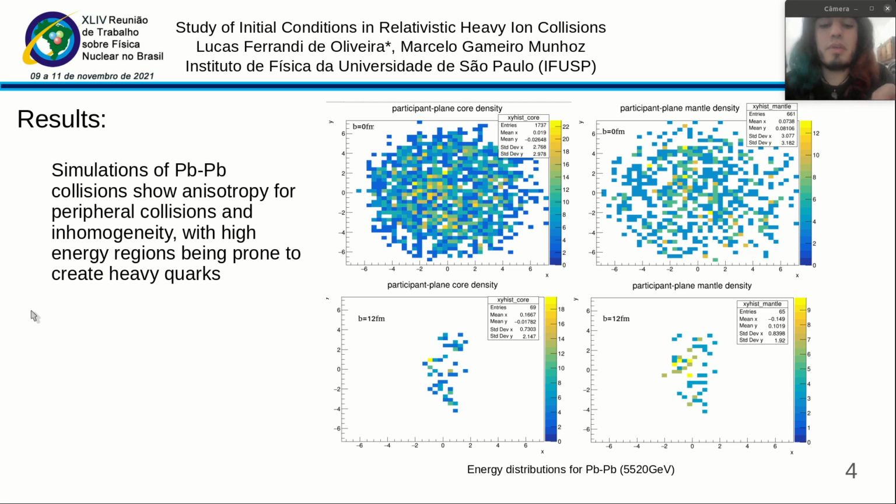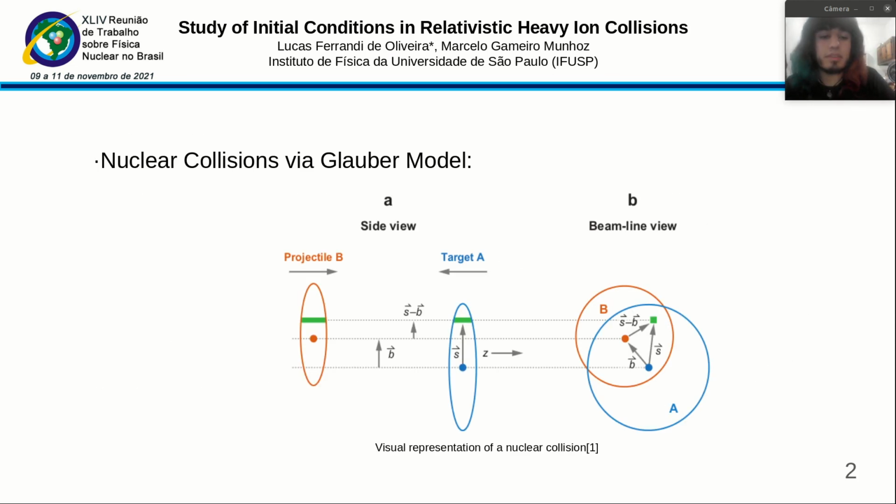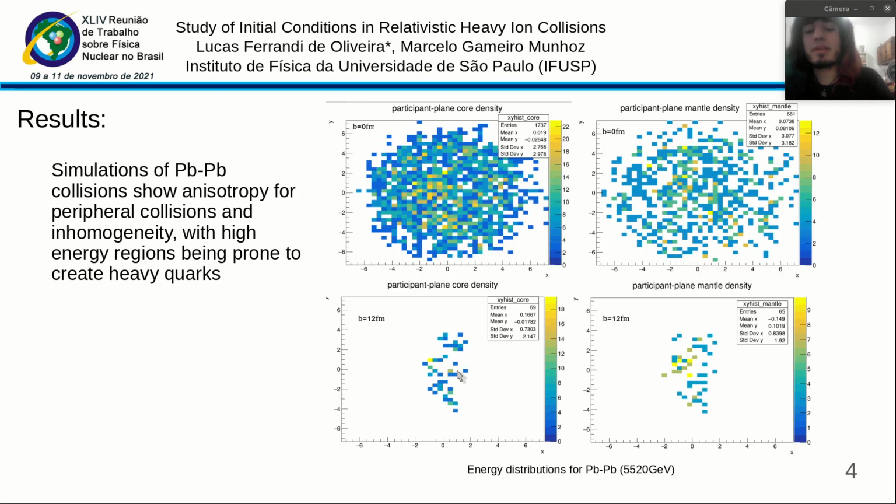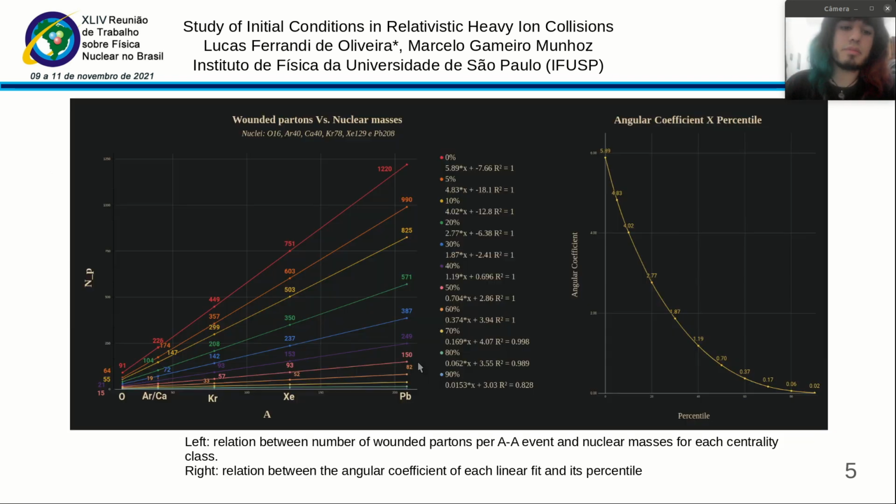We have a highly non-isotropic system because of the geometry of the system. We can see here that this interaction region is not isotropic, and this can reflect in some results that are measured in colliders like the LHC.